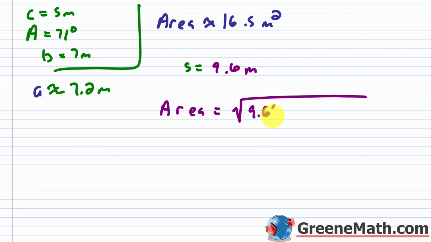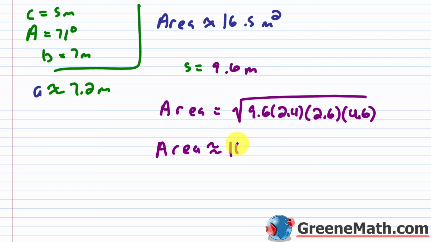So we're going to put 9.6 times 9.6 minus 7.2, which is 2.4, times 9.6 minus 7, which is going to be 2.6, and then 9.6 minus 5, which would be 4.6. Punch this into the calculator, and you'll get your area is approximately about 16.6 meters squared here.